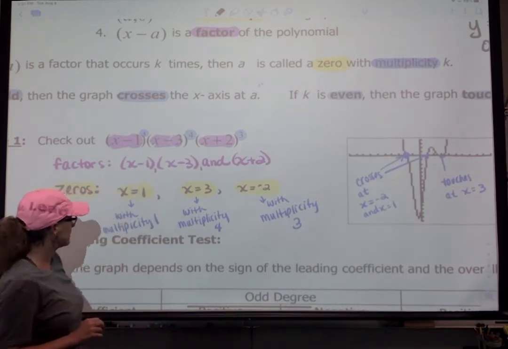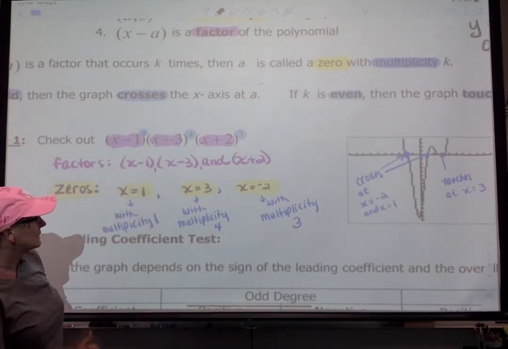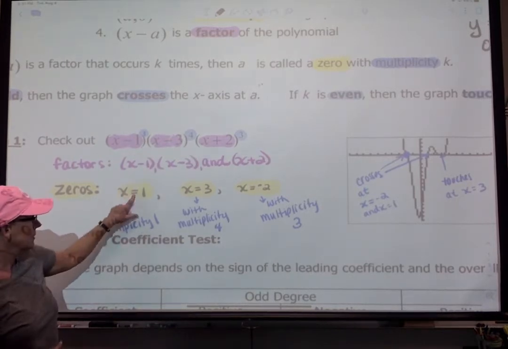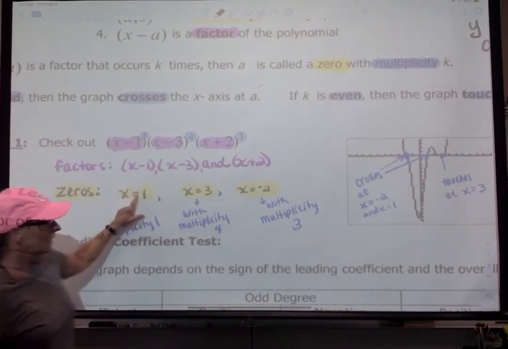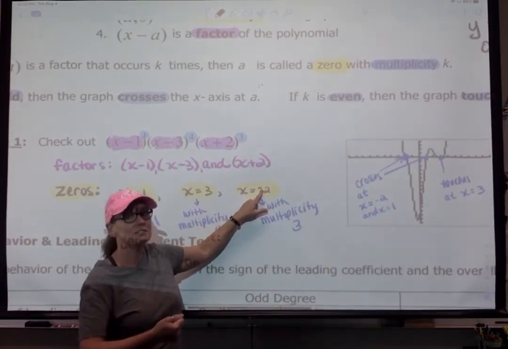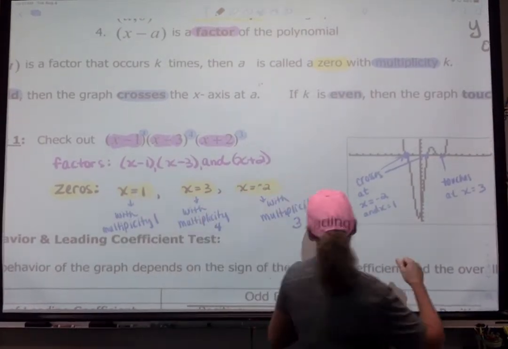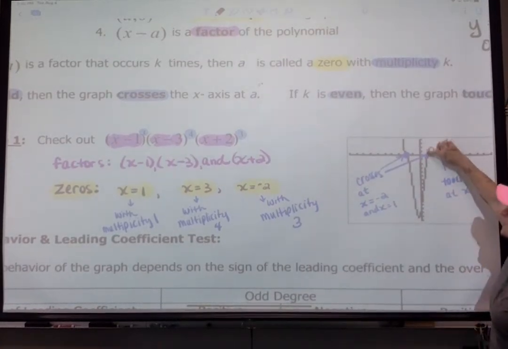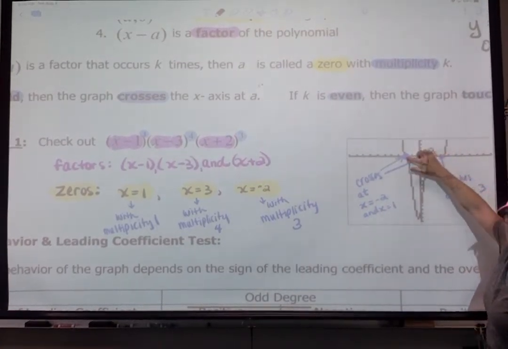So here's what this means. When the multiplicity is odd, so like here and here, the graph is going to cross the x-axis. Check this out. Positive 1, see how it passes through? Negative 2.